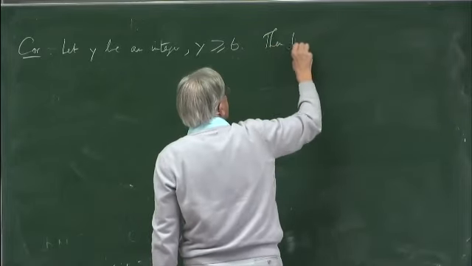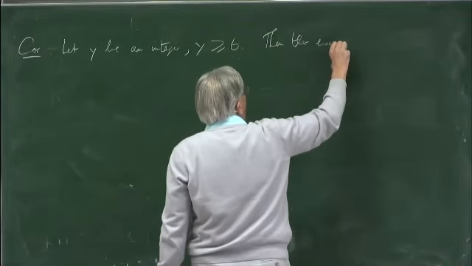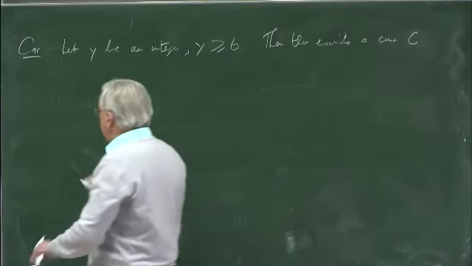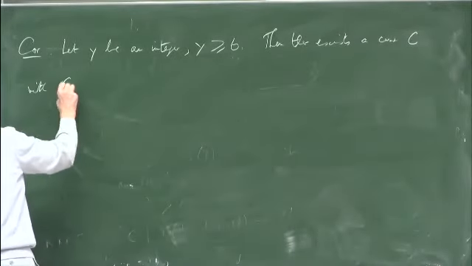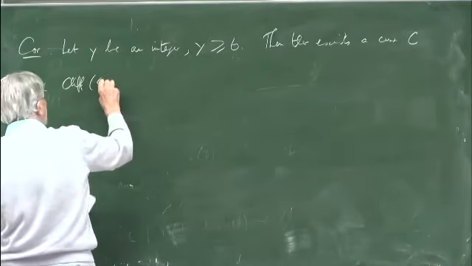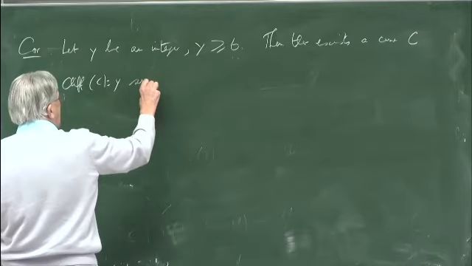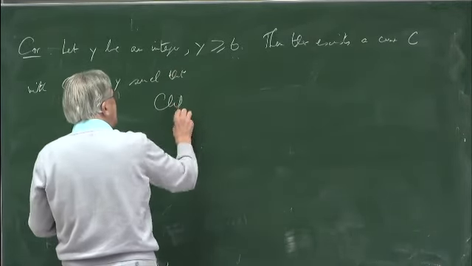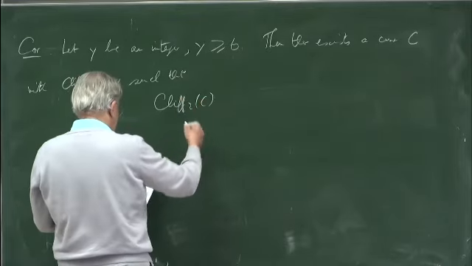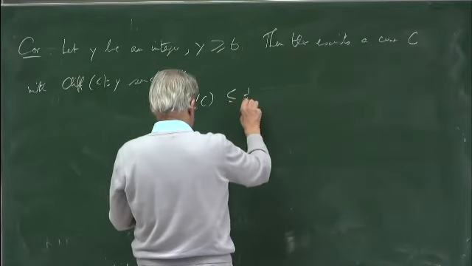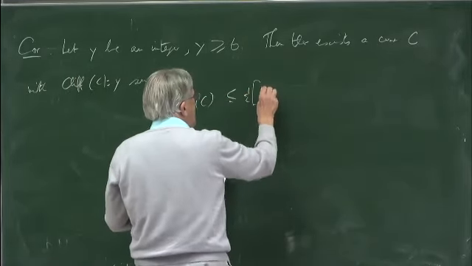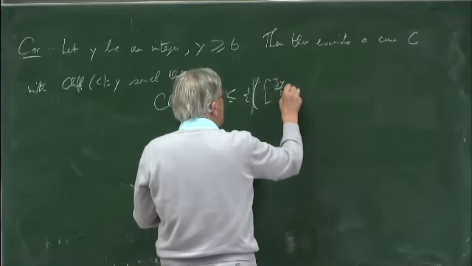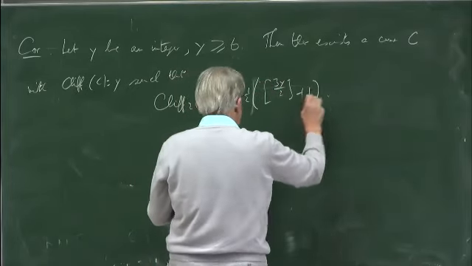Then there exists a curve C with Cliff C equal to gamma such that Cliff_2 C is less than or equal to 1/2 of the integer part of (3 gamma over 2) plus 1.